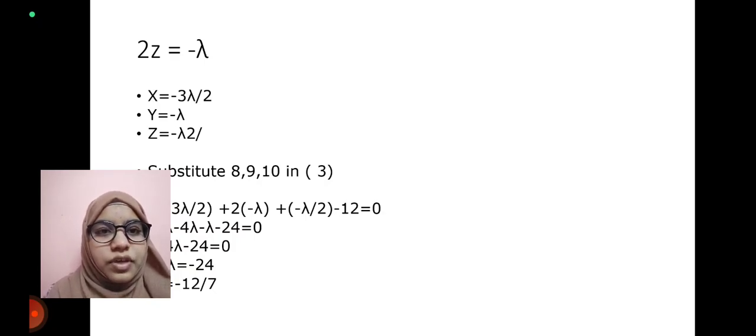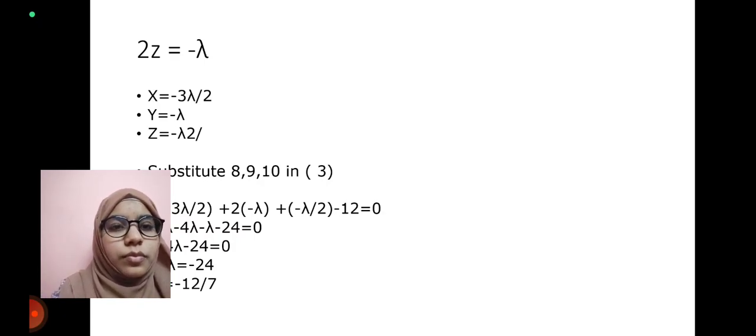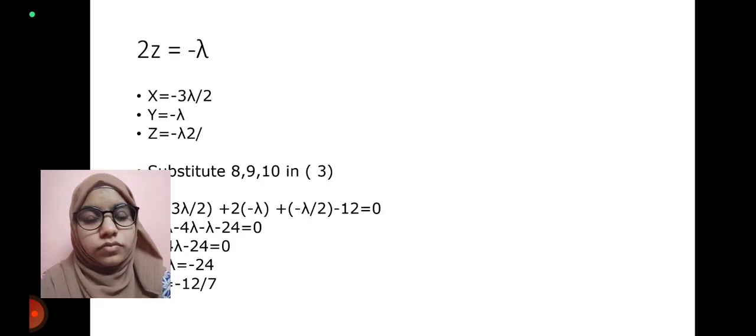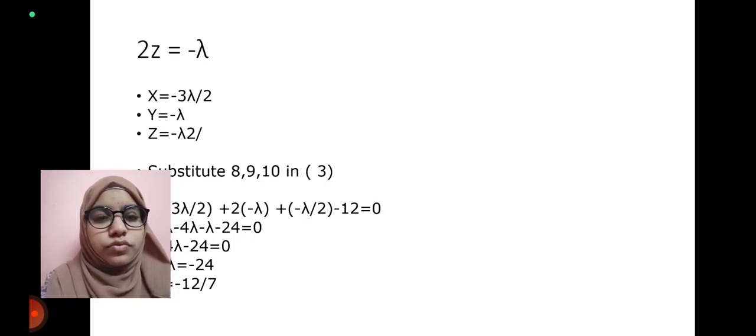In the third equation we get 3 times (minus 3 lambda by 2) plus 2 times (minus lambda) plus (minus lambda by 2) minus 12 equals 0.